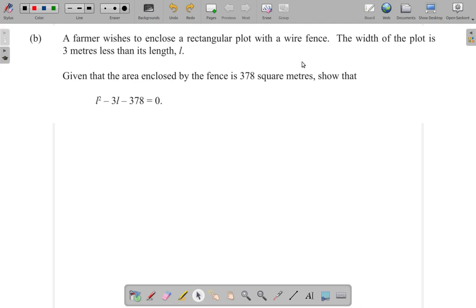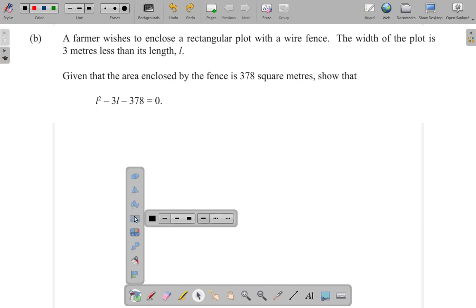Let's see now. It's a rectangular plot with a wire fence. The width of the plot is 3 meters less than its length, L. Let's see if we can make a visual representation of this.